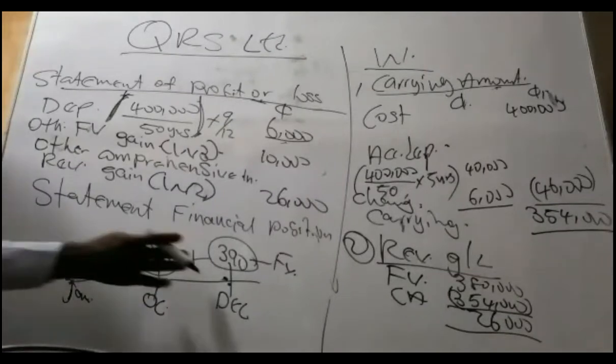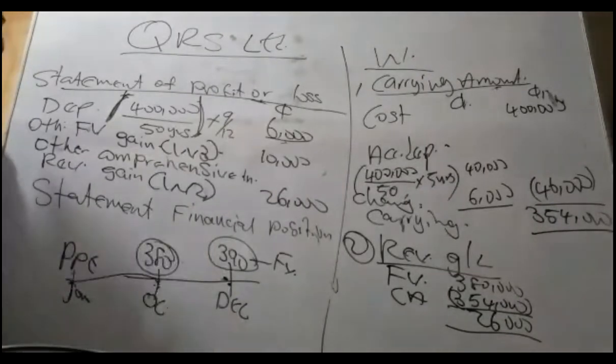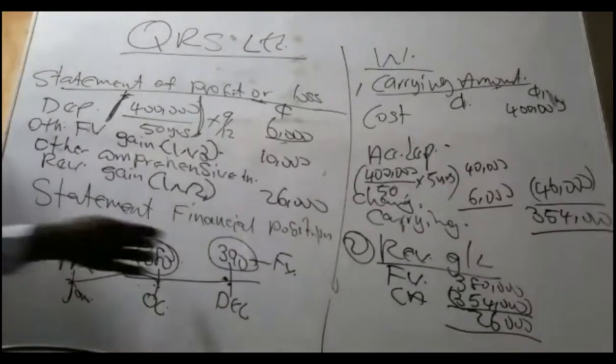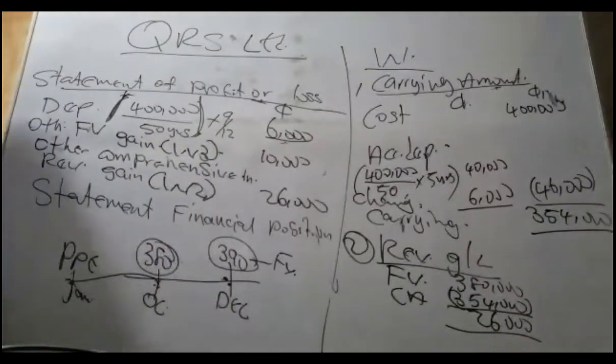So there will be an extra gain of 10,000. For that gain, we use the investment property rule, where fair value gains and losses are reported in P&L, unlike the revaluation gain or loss, which goes to the OCI. Good. So that is it.